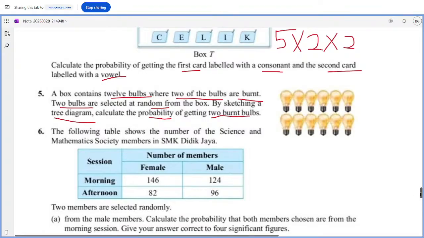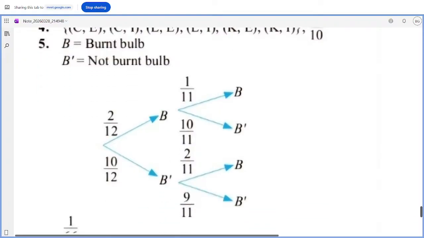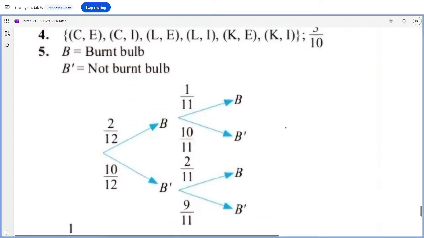So basically you can do like this. Just label it like this. Burnt bulb is B, not burnt bulb is B prime. Do you guys know why we use prime here? What is the meaning of the prime over here? What's the function of that apostrophe on top?